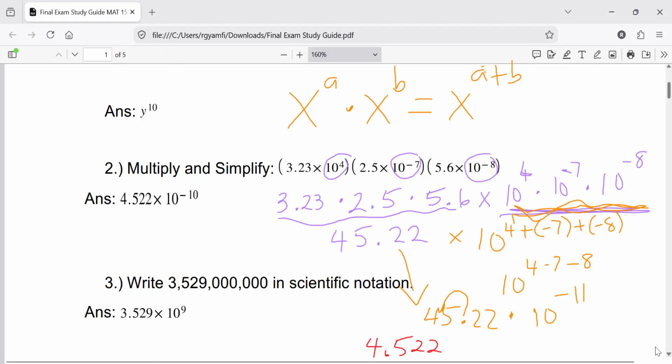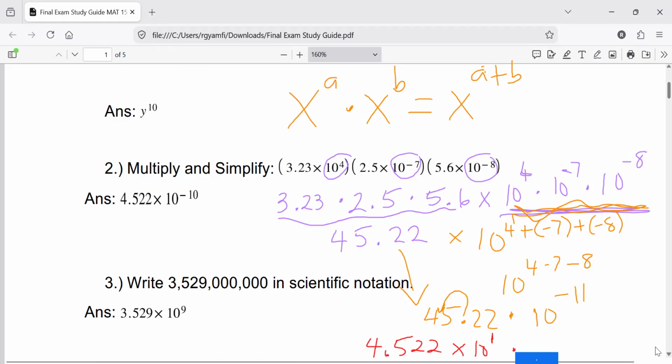Anytime you move it to the left, you multiply by 10 to the power 1, because I only moved the point one time. After you do that, quickly double check: 4.522 times 10, would that give me 45.22? Yes. So it means that I did the right thing.